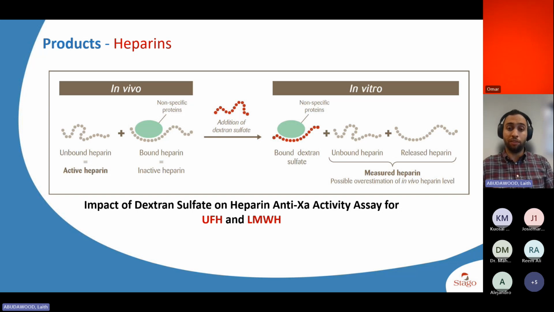So in vitro, when I actually measure the anti-Xa activity, it does not really reflect what happens in vivo, but rather I will have an overestimated anti-Xa activity for the patient, which is definitely not something that we want. Many studies have actually shown that reagents that contain dextran sulfate tend to overestimate the anti-Xa activity in the patient sample.